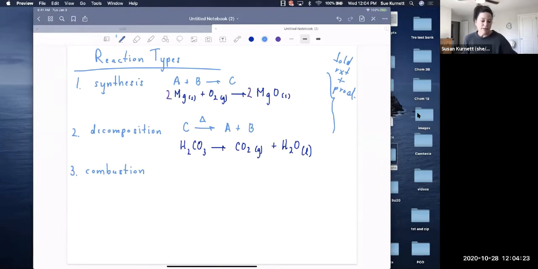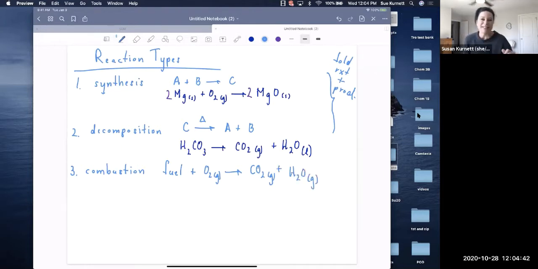Typically. For combustion, you'll be just told what the fuel is. So it's fuel, and then you have to know to add oxygen gas, and what the products of complete combustion are: carbon dioxide gas and water as a vapor.